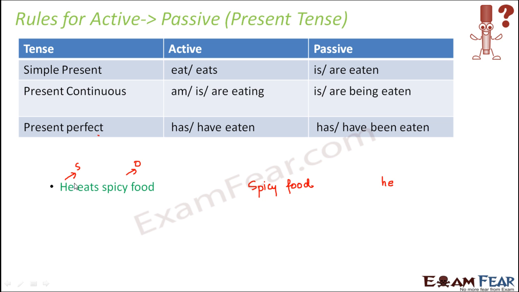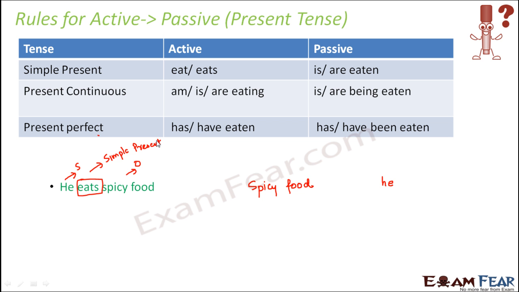Now it is the turn to change the tense, that is, we have to change eats. How do we change that? First of all, we have to determine the tense in this sentence. Here, eats is in simple present tense. As far as tenses are concerned, broadly there are three types of tenses: present, past and future.